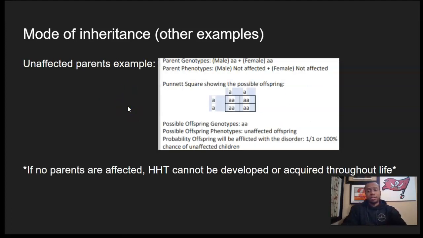This is an unaffected parents example. This being an autosomal inherited disorder, if nobody is affected, then there's zero chance that you can pass this on, and it cannot be acquired throughout your life.